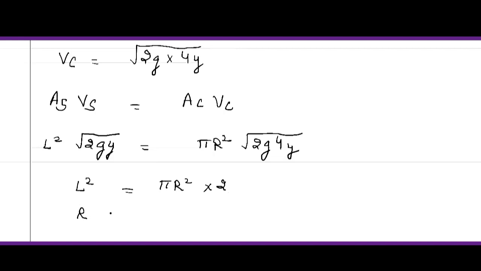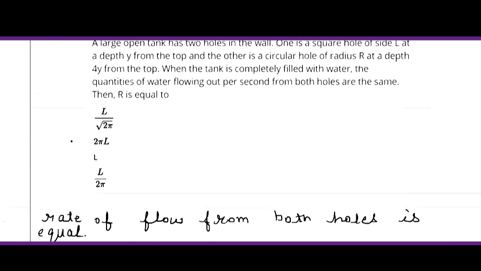And r square is equal to L square divided by 2 pi. From here we can calculate the value of r, which is equal to L divided by root 2 pi. Now check the options. L divided by root 2 pi. The first option is correct.